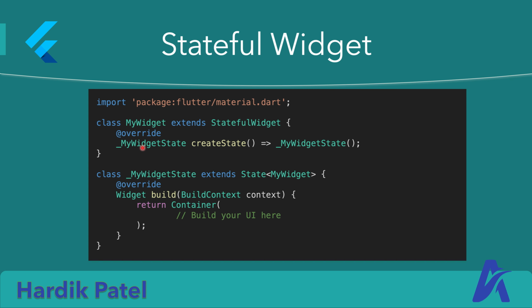So there are two classes you have to write for the stateful widget, and now you can write objects which you can change in the same widget, and you can re-render the widget by changing the states. In the same way, you need to override this build method and you can write the UI here. So that's how you can implement stateless and stateful widgets.